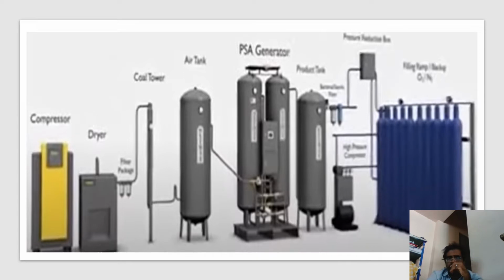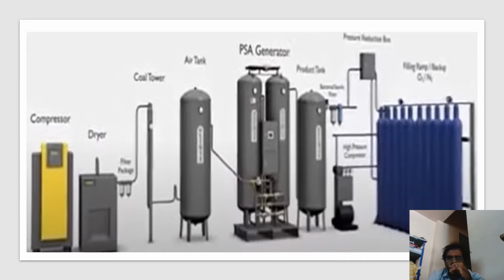So this is about the process layout. For manufacturing the oxygen cylinder, we have compressors, dryer, filter package, cool towers, air tank, PSA generators, separators, and filters. Lots of equipment is there, and finally, from the total gas, the oxygen is separated using a filtering process.